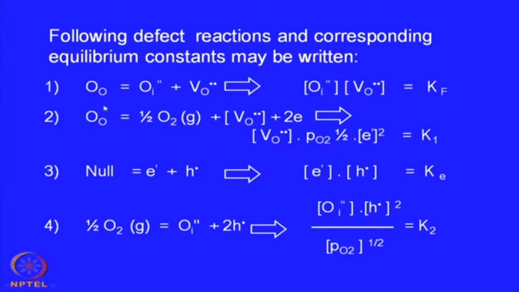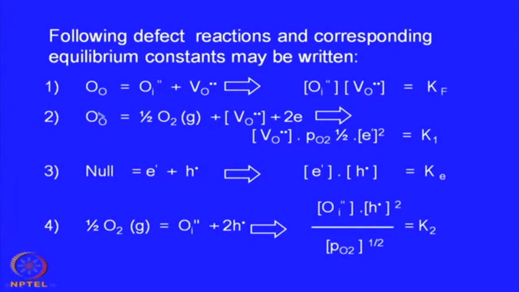Again the oxygen at the oxygen site or the lattice site goes out as oxygen gas. As a result of that, oxygen vacancy is created and 2 electrons get released. Now, this is the equilibrium constant for this: concentration of this, concentration of this, concentration of this divided by concentration of that.